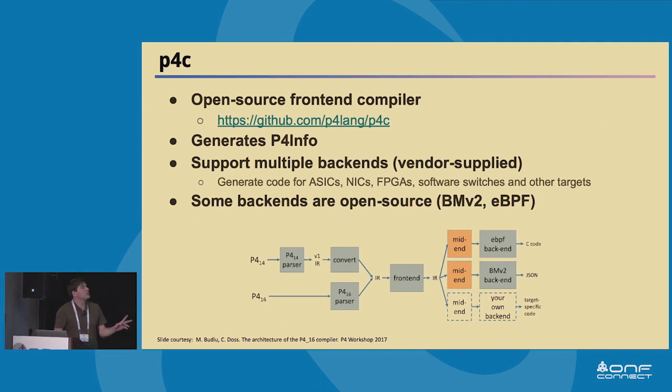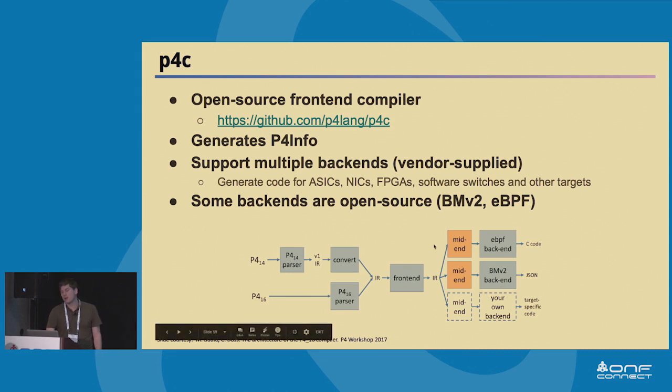P4C is the open source front-end compiler. Like many other compilers, it has an internal architecture where we have a front end, a mid end, and a back end. P4C provides an open source front end and mid end, and then we can have multiple backends, which are usually vendor supplied.